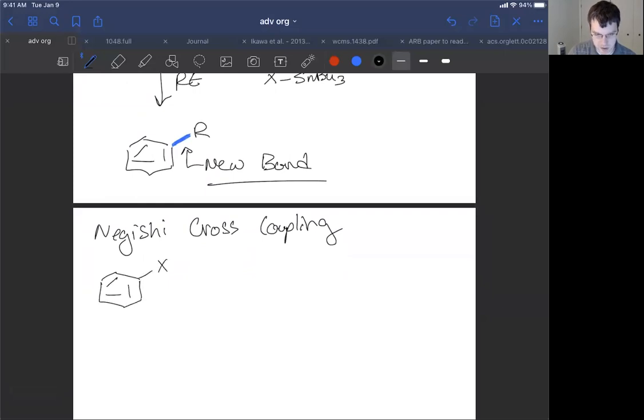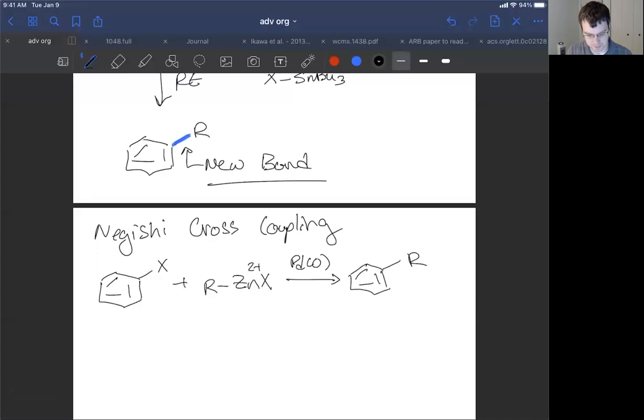Organozinc species have super low toxicity, especially compared to organotins. The organozinc is in the +2 oxidation state. We're once again going to rely on a palladium 0 complex to accomplish the transformation. And we're going to just couple an R group to, in this case, an arene.